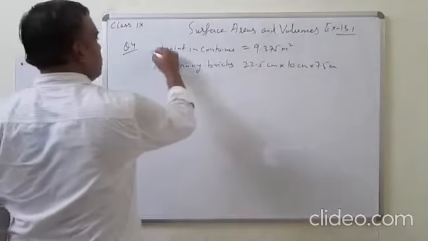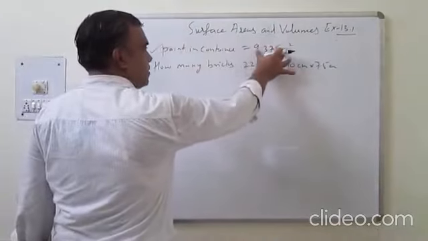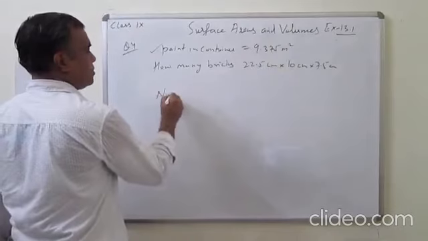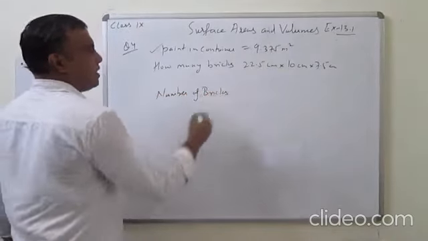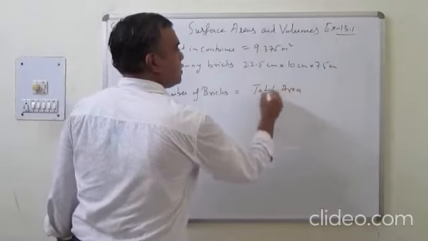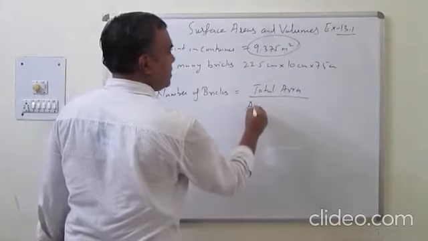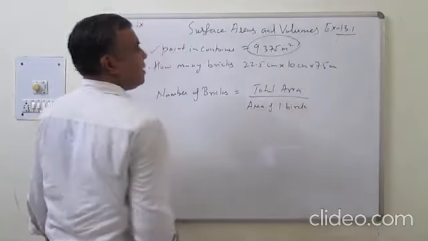So total paint in the container is this. How many bricks with this paint can you paint? So how will you calculate the number of bricks? Number of bricks is total area divided by area of one brick.